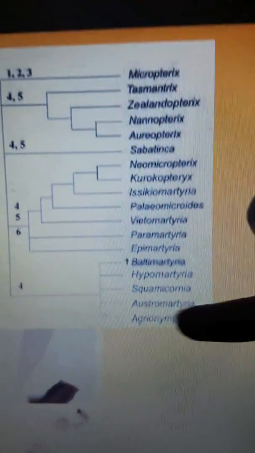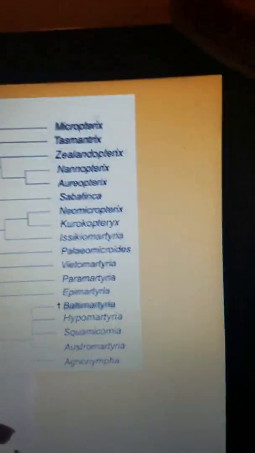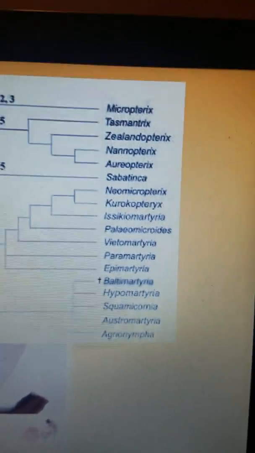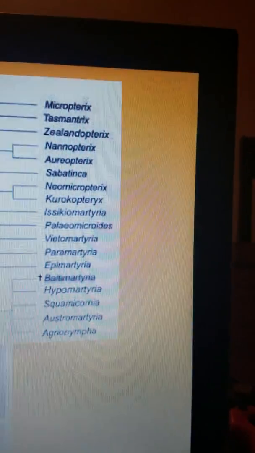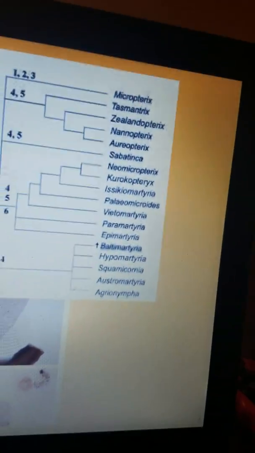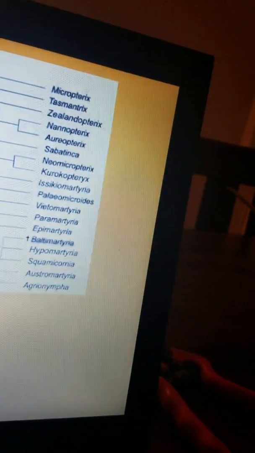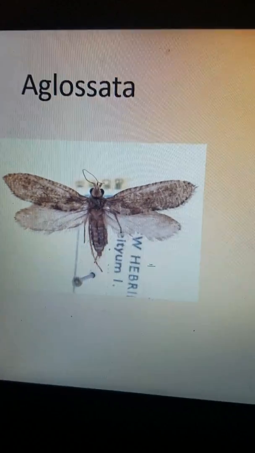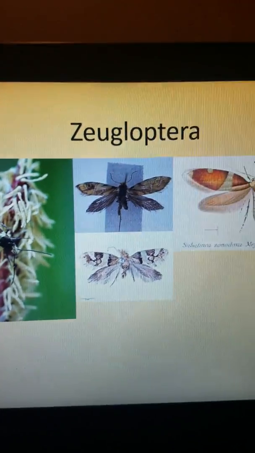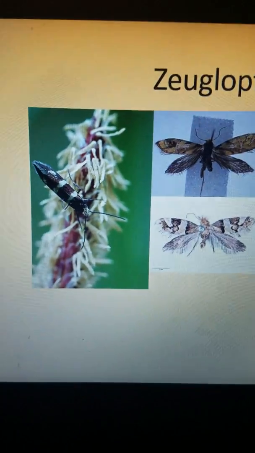Again, there are several extinct groups, some of which are not listed here, and the majority of Lepidopterans belong to the classification Glossata. We will go deeper into the further divisions of the Glossata later on. But as you can see, our more primitive lep groups are very basal.